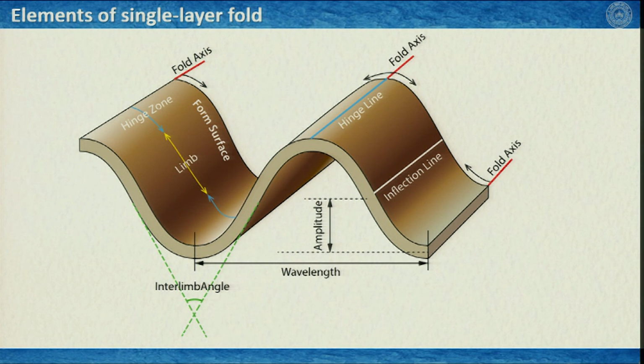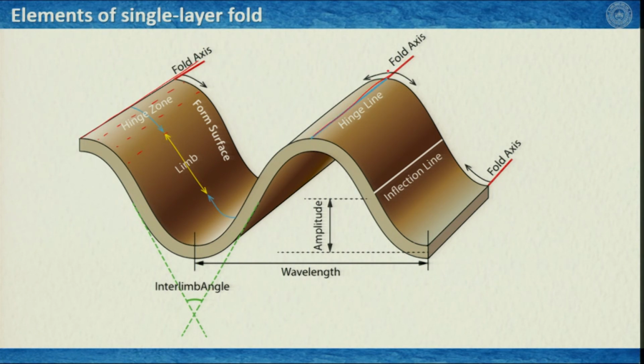Now, we will see this fold in 3 dimensions, now that we have defined the fold axis properly. So, what do we see here? We see the fold axis that should go like this, and interestingly, in this case the fold axis is also parallel to the hinge line.